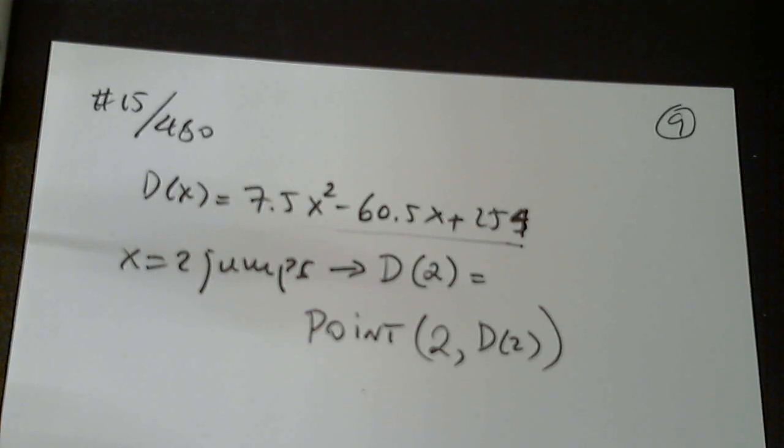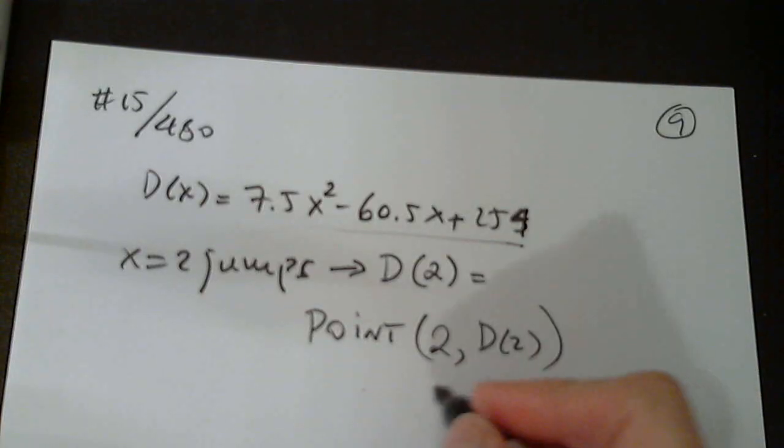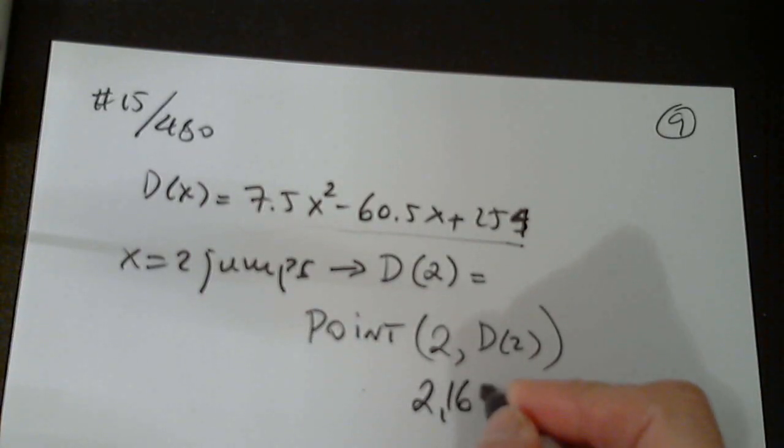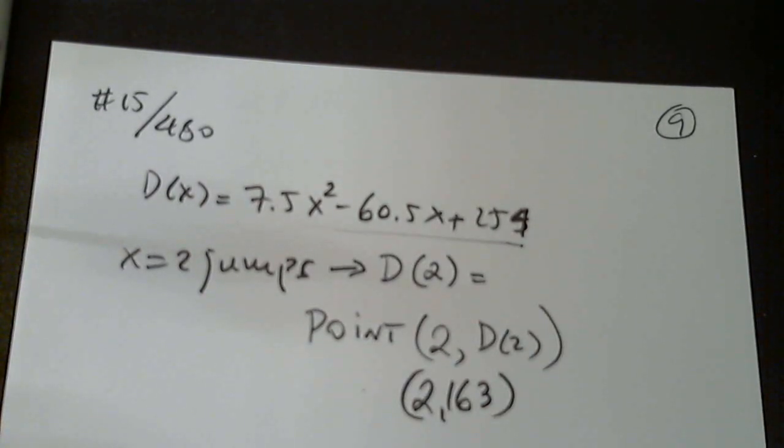Plus 254. And I plug in 2. 163. So the point in discussion is 2 comma 163. And now we have to find the consumer surplus if she makes 2 jumps.